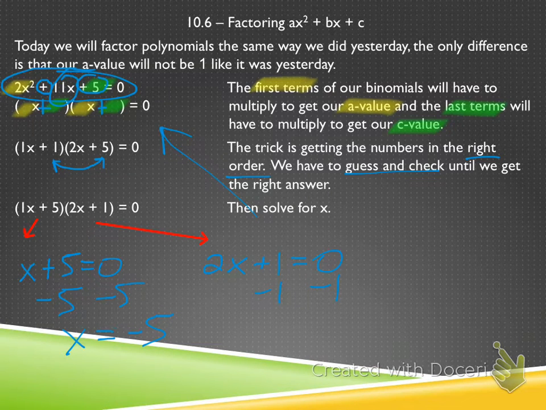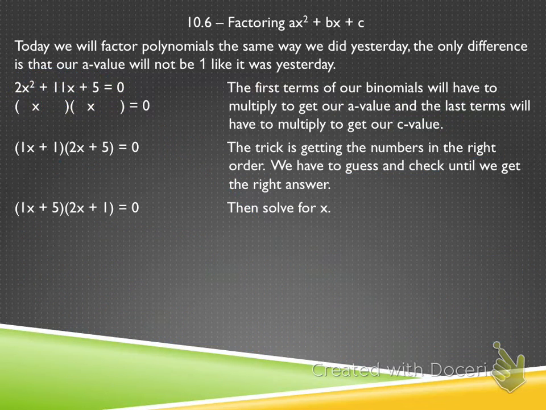Minus 1, 2x equals negative 1, divide by 2, x is equal to negative 1/2. So these are my 2 solutions to my equation here. And I'm going to do the same thing with this problem.